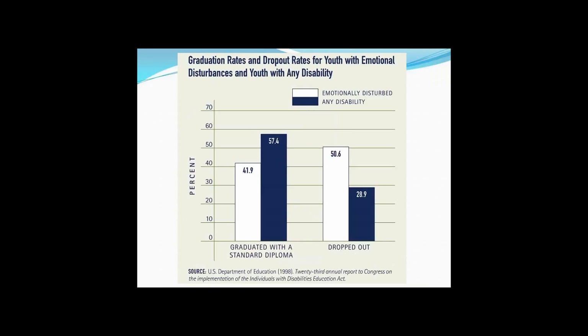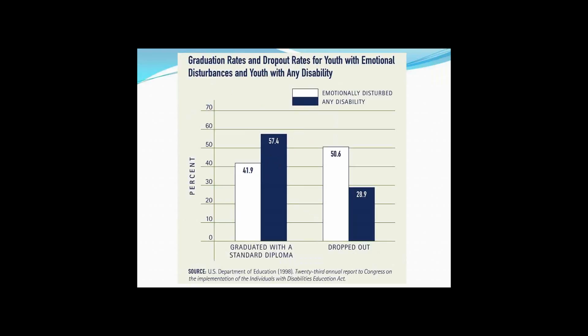So while we talked about untreated mental health disorders causing functional impairments, this chart talks about graduation and dropout rates for youth with emotional disturbances versus youth with any disability. So these are kids that are on an IEP, and those with an emotional disturbance are far more likely to drop out or not to graduate than those with other forms of disability.